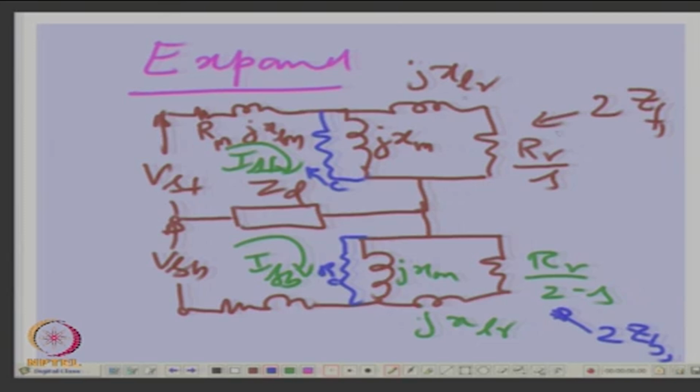And what are these parameters? What are these XLR and RR? Rotor resistance and leakage reactance referred to stator main winding turns, when the rotor is assumed to be a 2-phase system. Please note this down, it is not a 3-phase.